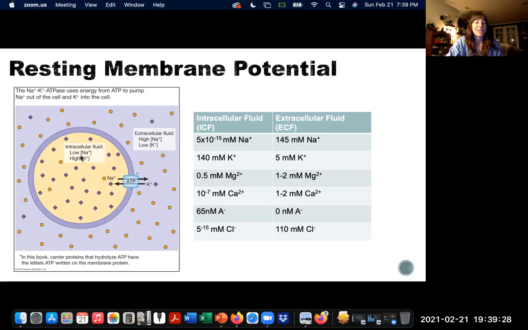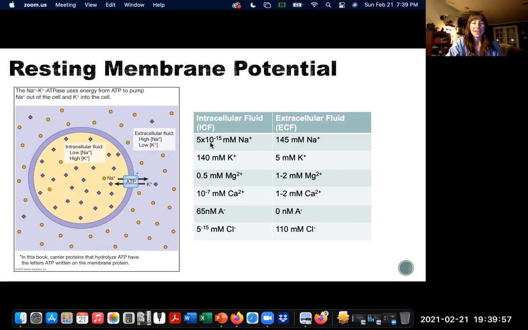It makes sense because potassium is positive, it'll make sense in a little bit, but there are also going to be other things in here like chloride, which are negatively charged anions, giving the inside of the cell a negative charge. It is the sodium ions in the extracellular fluid that really give the outside of the membrane that positive charge. So you can see this is in millimoles, okay?